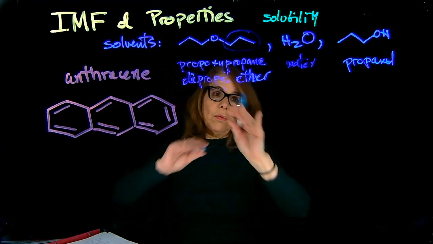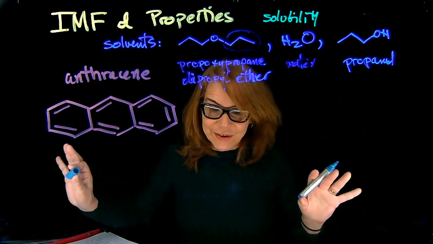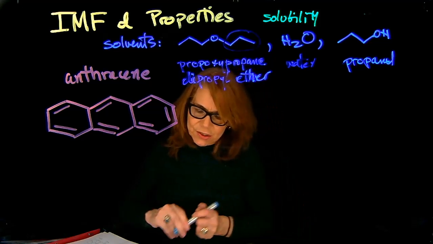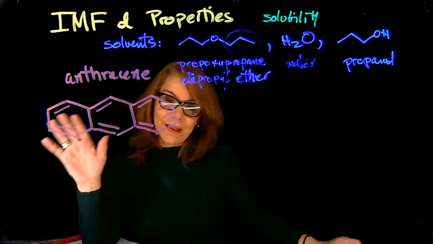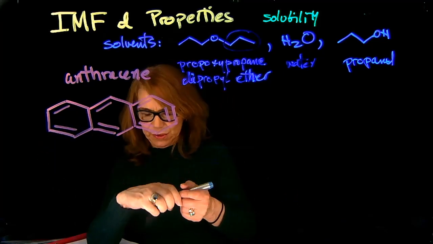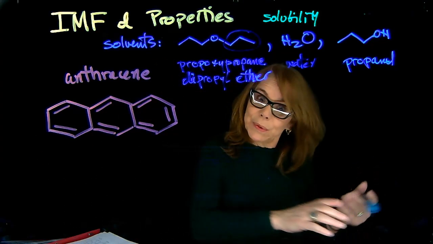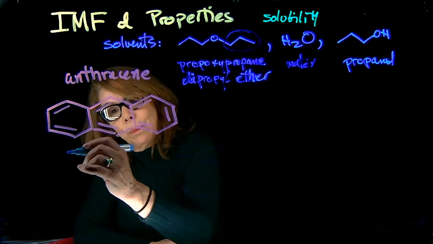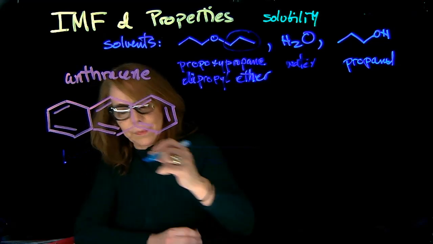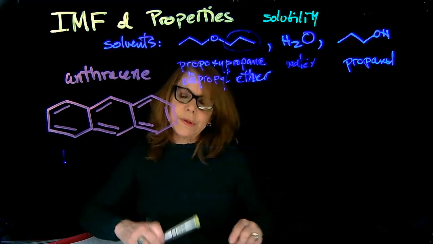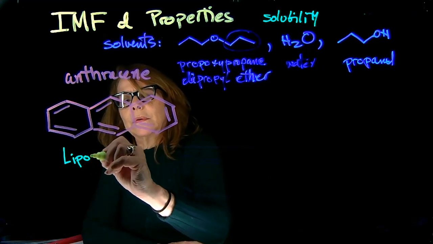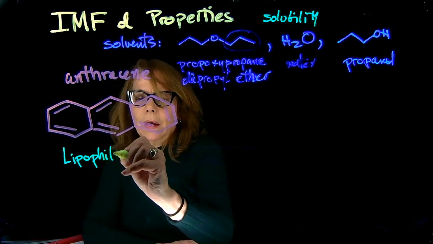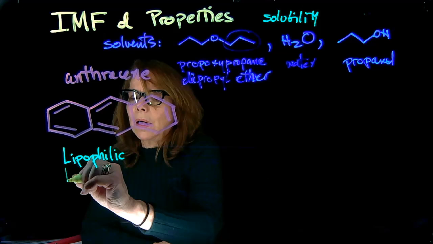All right, so I want to know in which of these it is going to dissolve best. So now, this molecule is highly hydrophobic. It likes lipids, so a non-polar solvent. So it's lipophilic, and is also hydrophobic.